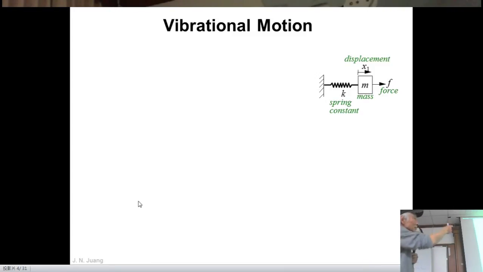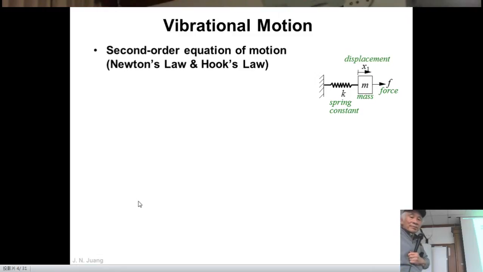Now, a rigid body M, I link with a spring. And what happens? The second order equation of motion becomes this: m x1 double dot equals minus k x1 plus f. So we now have minus k x1 involved in our second order equation of motion.